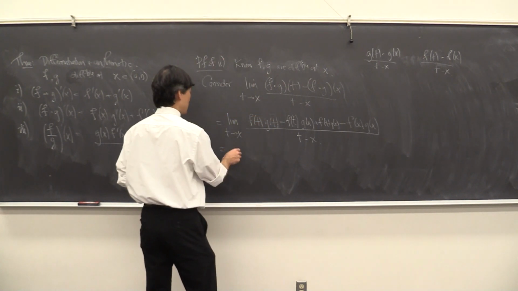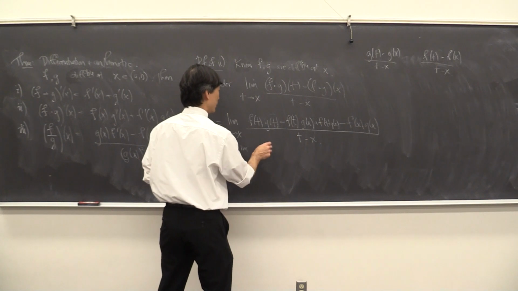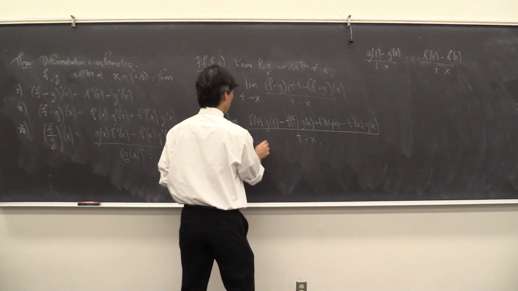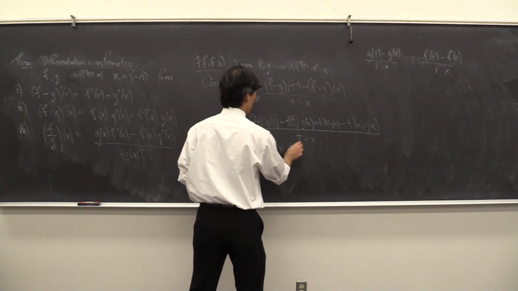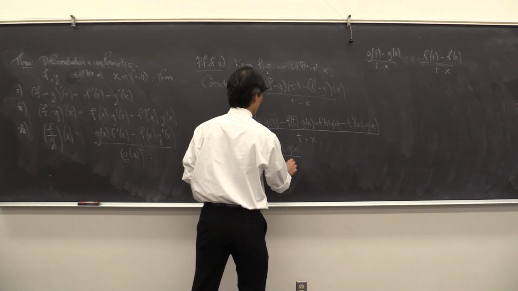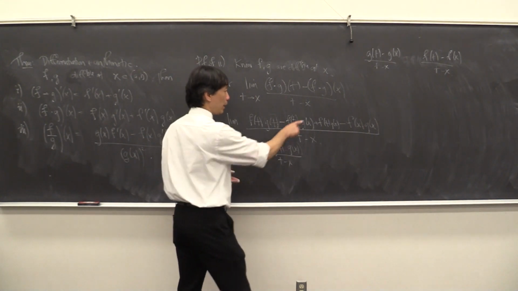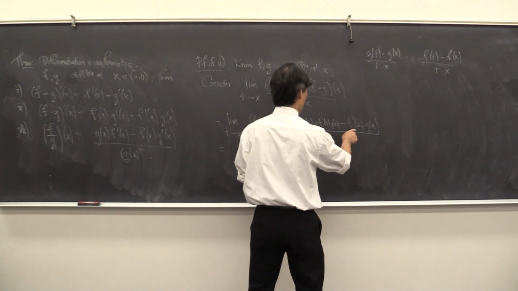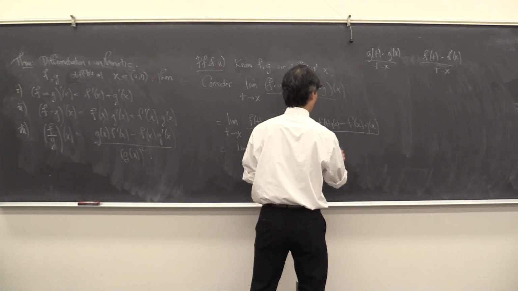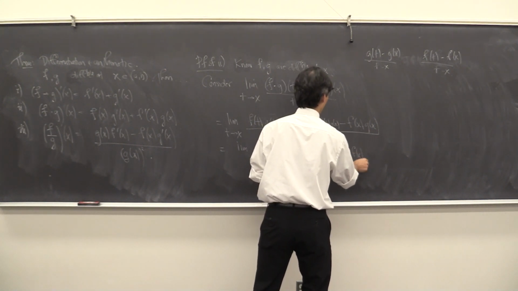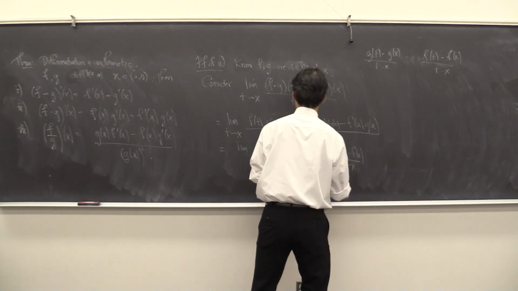Okay, so now let's simplify things. We say, well, look, this thing here I can rewrite as f of t times g of t minus g of x over t minus x. And this thing over here I can write as g of x times f of t minus f of x over t minus x.